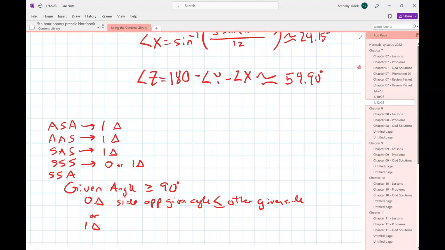I should say less than or equal to. That's impossible. Otherwise, it's just 1 triangle. So anything else is just going to be 1.